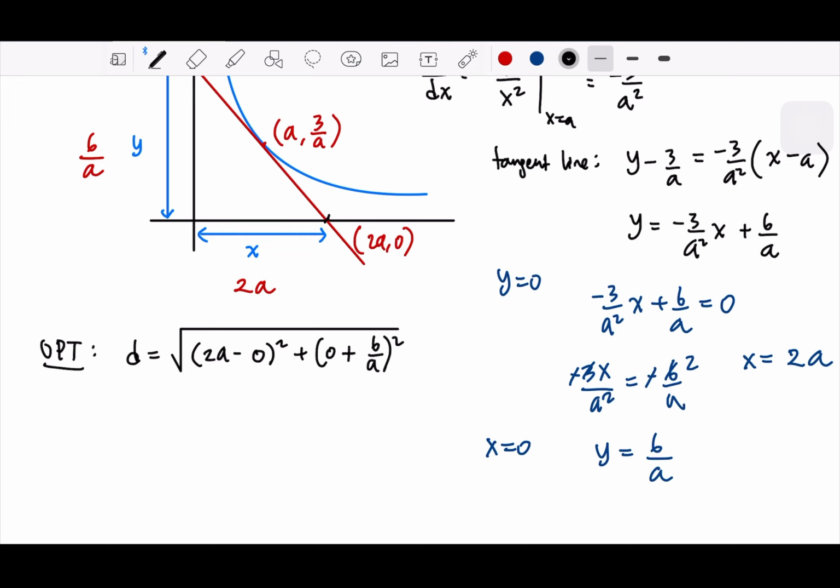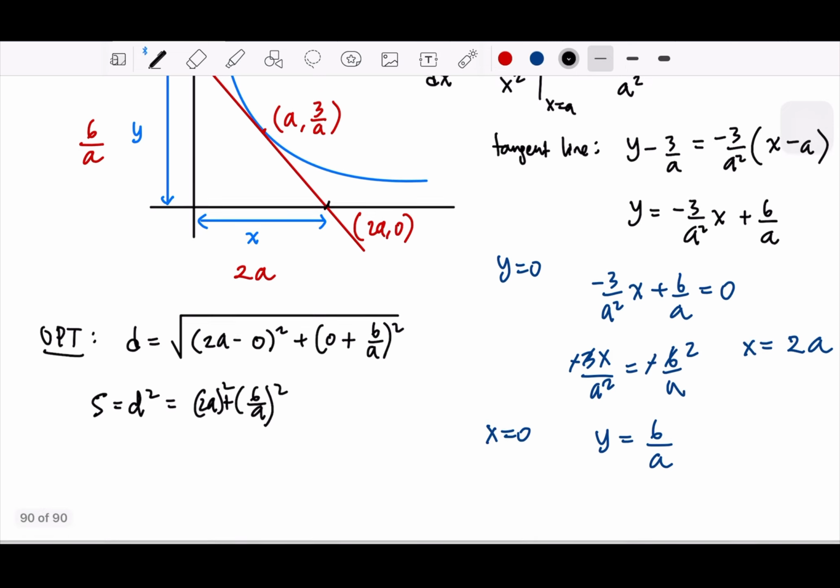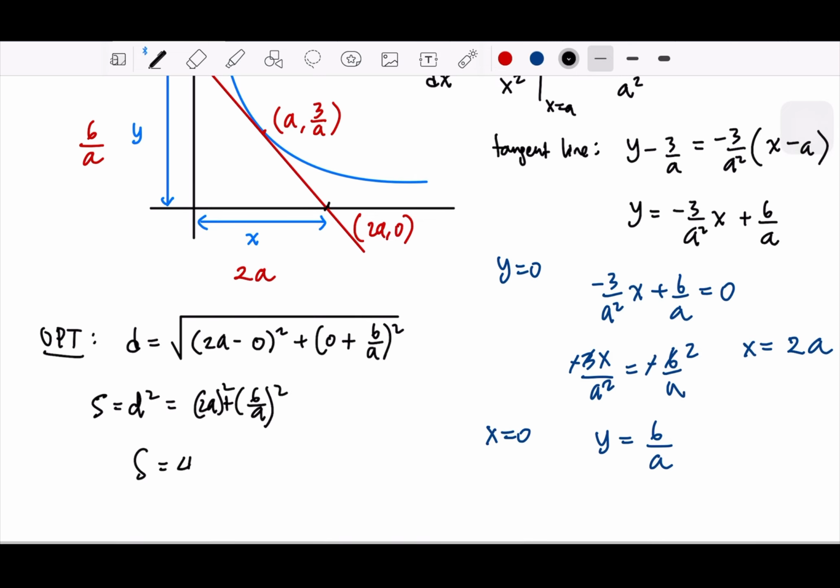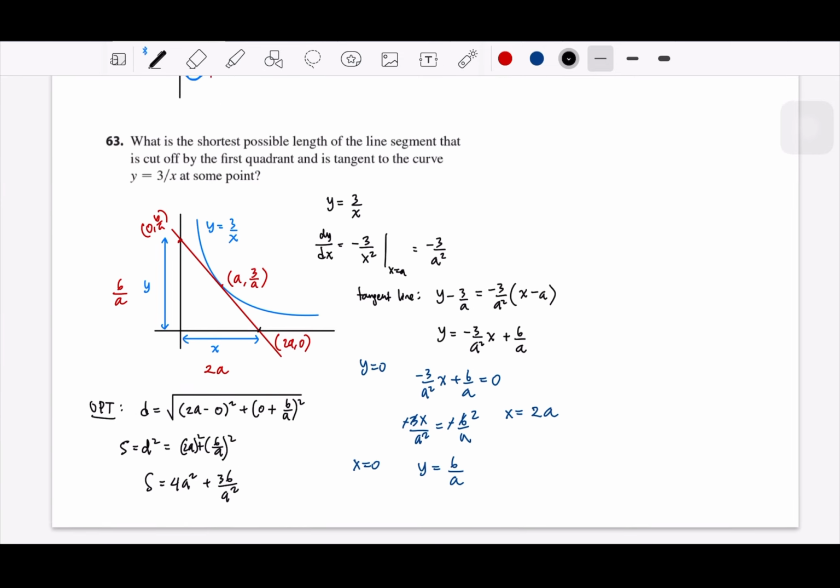So we can take some s as our d squared. So s will be 4a squared plus 36 over a squared. And then from here, we can derive and find the optimization.